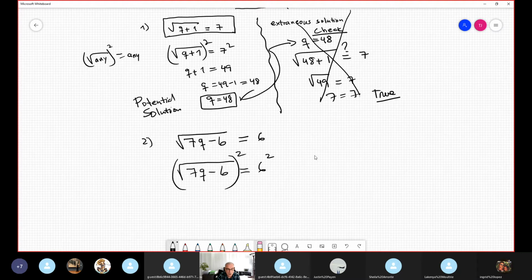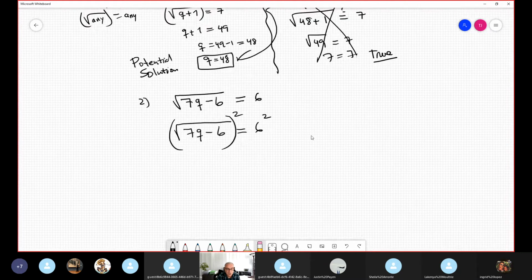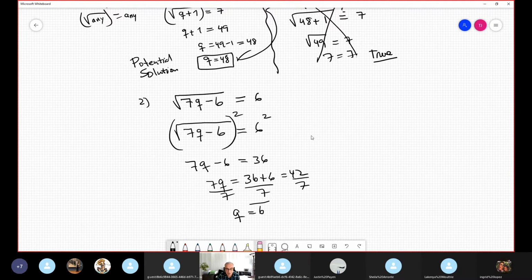Those square and square root cancel out each other. It's 7 cubed minus 6, without square and square root, equal 36, 6 squared. 7 cubed is equal to 36 plus 6, which is 42. Divided by 7, divided by 7, divided by 7.